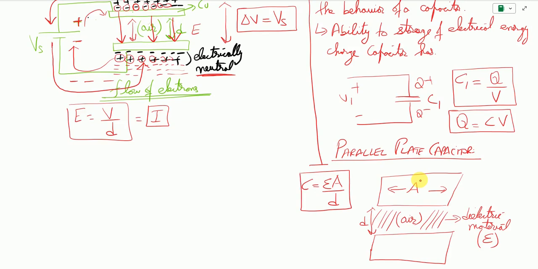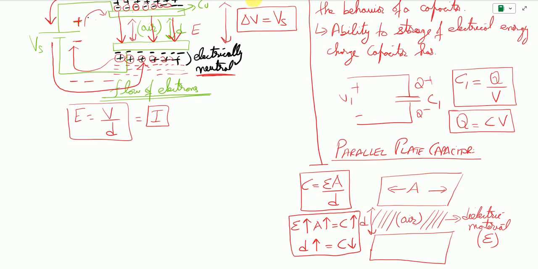From the mathematical expression, if permittivity or the area increases, the capacitance will increase, but if the distance increases, the capacitance will decrease. This expression further enlightens us about finding the capacitance with any dielectric material in between the conducting plates.